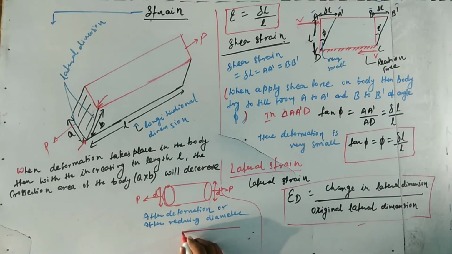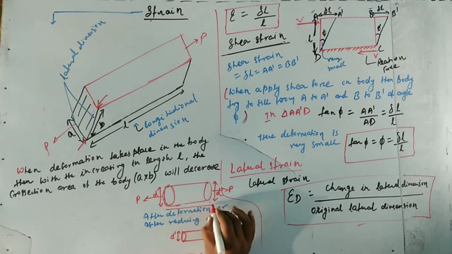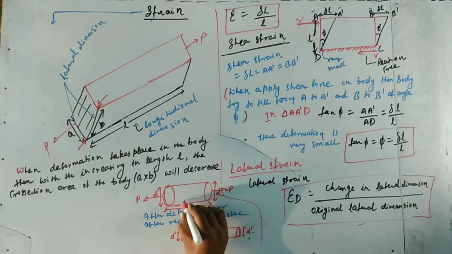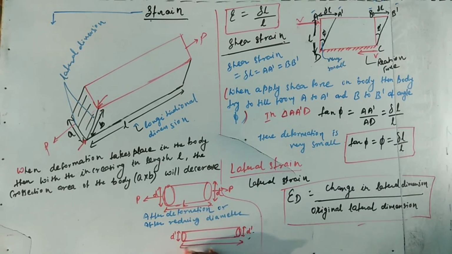D will become D dash, because its diameter will reduce, and L will become L dash, because its length will increase.